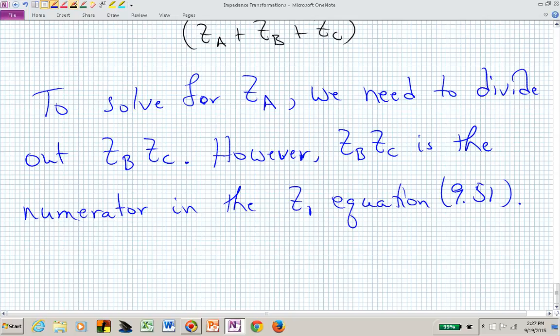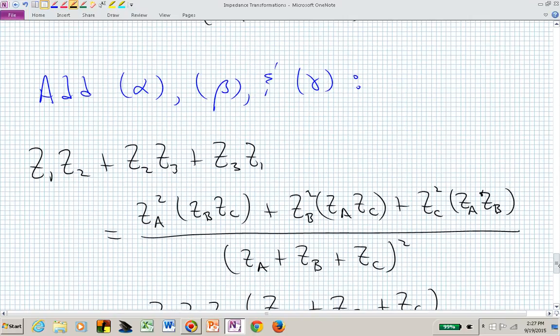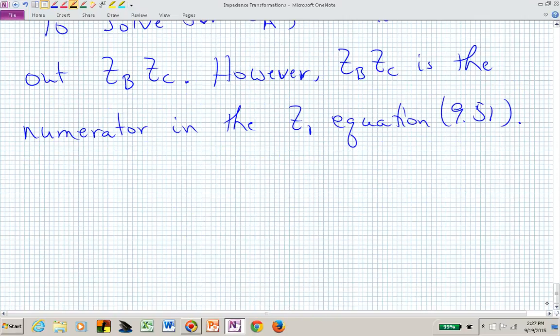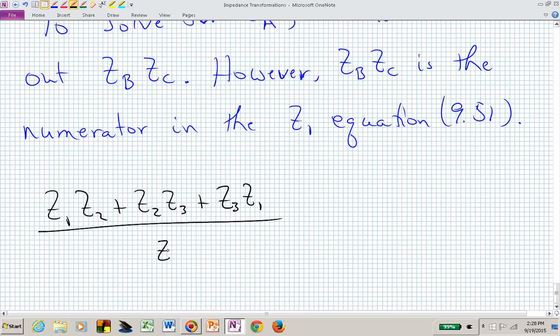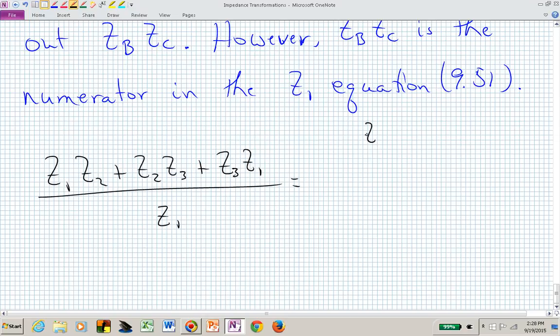If we now divide both sides of this, there's the right-hand side and here's the left-hand side. Let's now divide both sides by Z1. We have the sum of the pairwise products. We're going to divide that by Z1, and that's going to equal ZA, ZB, ZC all over ZA plus ZB plus Z sub C. That was the right-hand side.